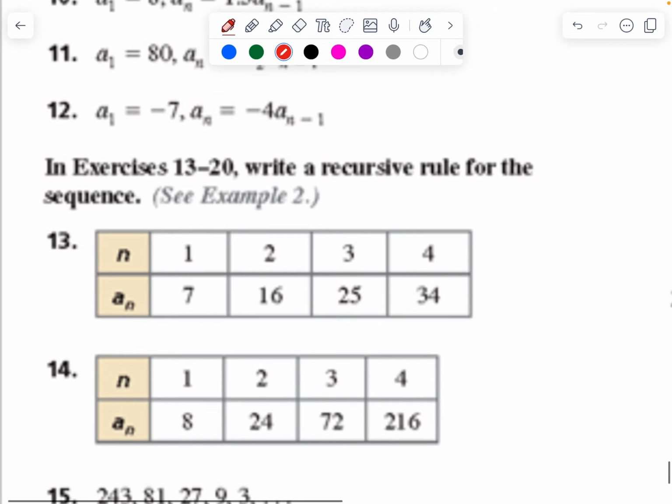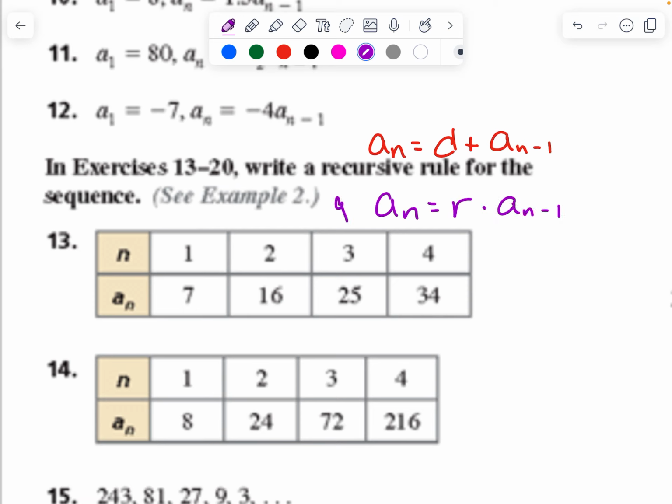Recursive rule for arithmetic would be a sub n equals the common difference plus the previous term. The geometric recursive sequence is the rate times the previous term. So this is geometric, this is arithmetic. I'm going to ask you to pause the video and try 13 and 14 on your own, and then unpause to check your work.